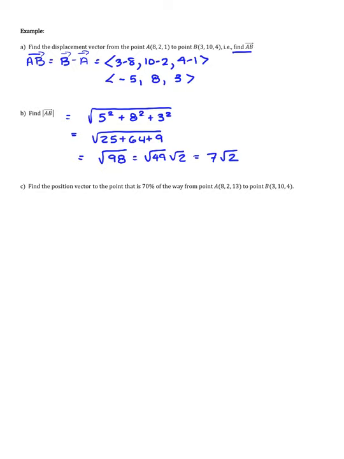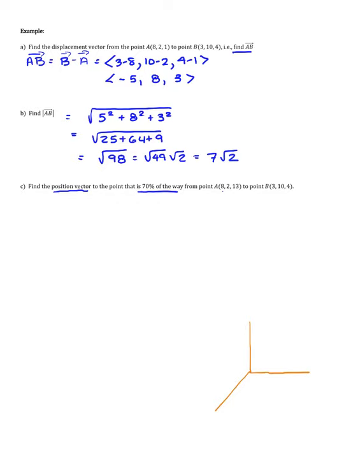Okay, that was that. Now find the position vector to the point that is 70% of the way from a new point A to a new point B. All right, so remember when you're finding the position vector to something that is part of the way, I'm going to do a really rough sketch just to remind you what we are doing.